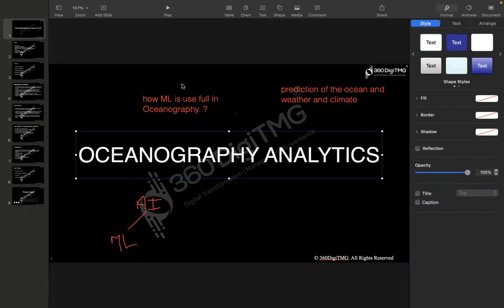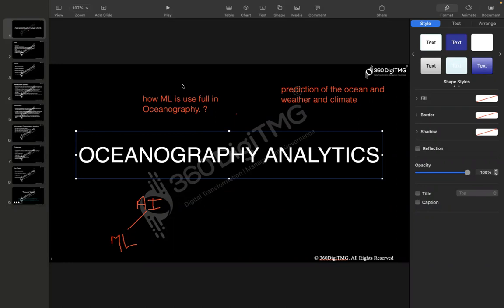And so the climate data with a high accuracy, efficient way, machine learning has a wide spectrum of real-time applications. So in oceanography and earth science, the study is explained in a simple way.